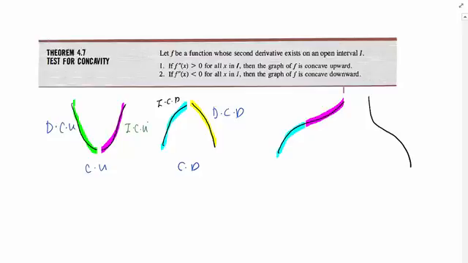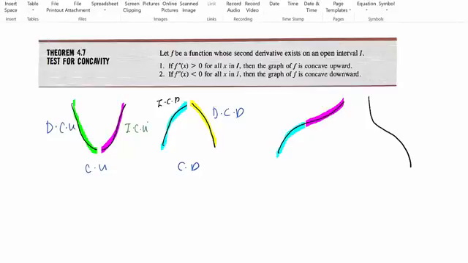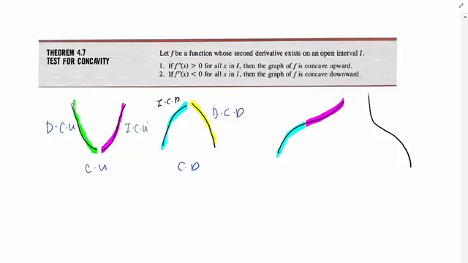Also, this graph, somehow this is concave down decreasing, and at some point concave up decreasing, and then concave down decreasing. So likewise, if we know concavity, then we can actually make some graphs more smoothly here.